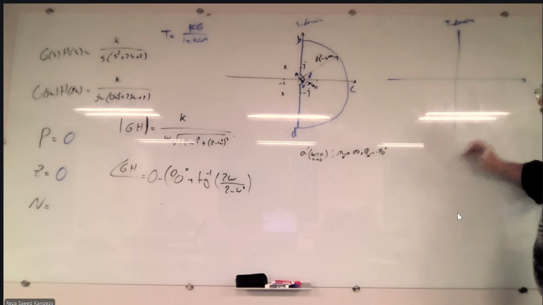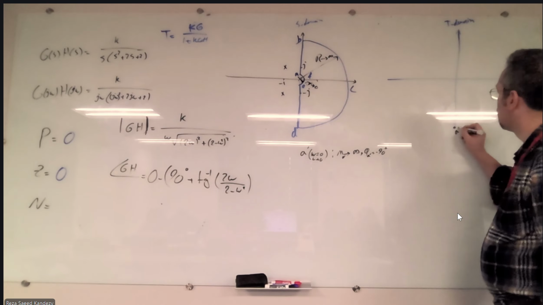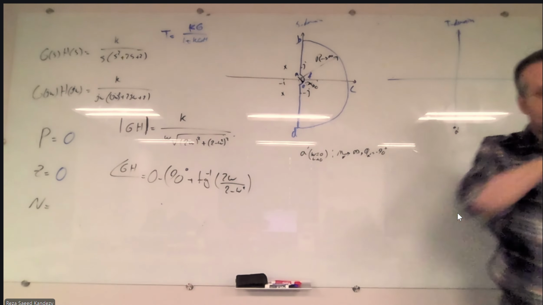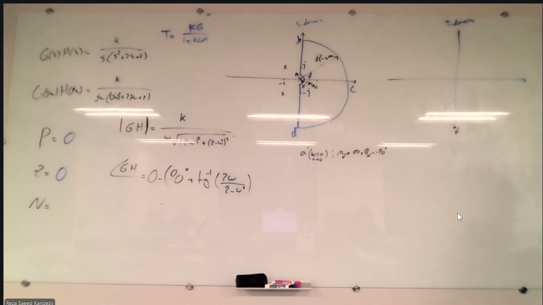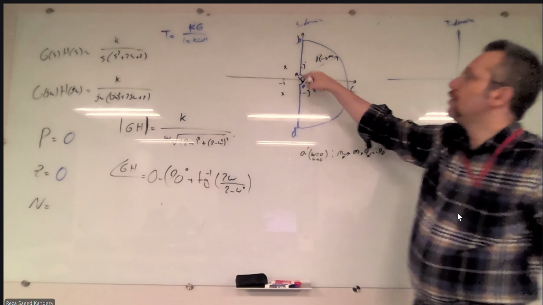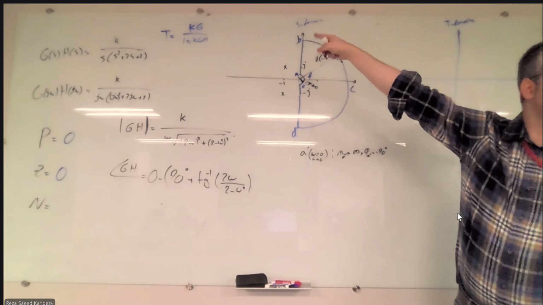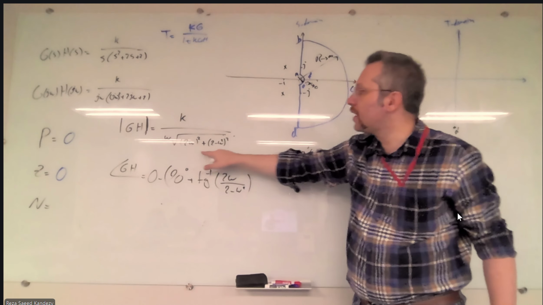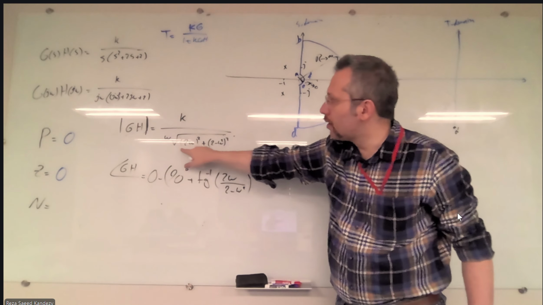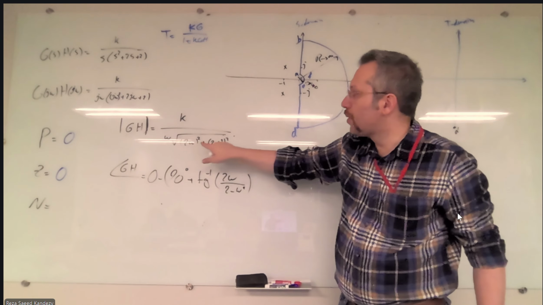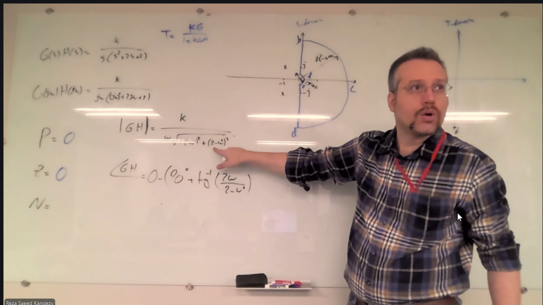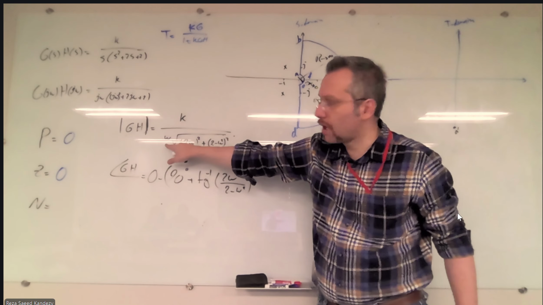Let me actually draw it in the axis so there's no confusion. What about B? The omega for B is infinity, correct? So if omega is infinity, this one becomes omega squared plus omega to the power of 4, times omega.